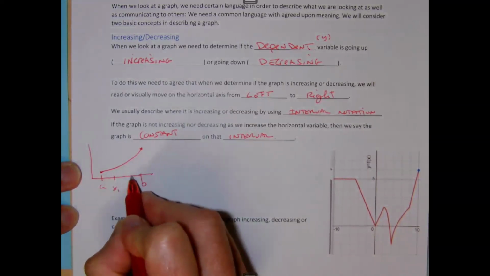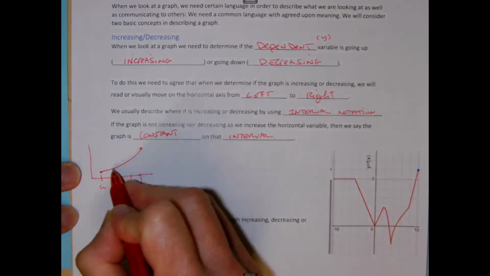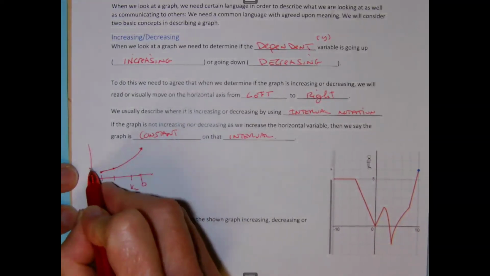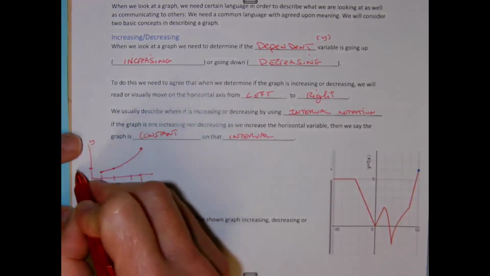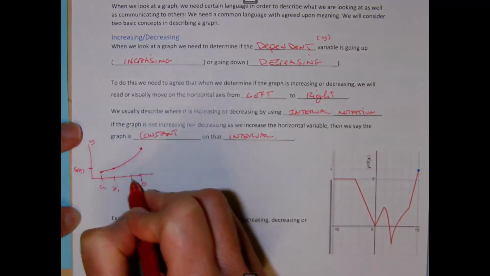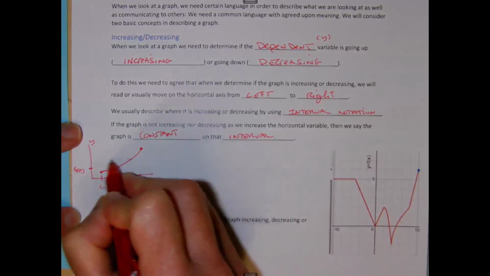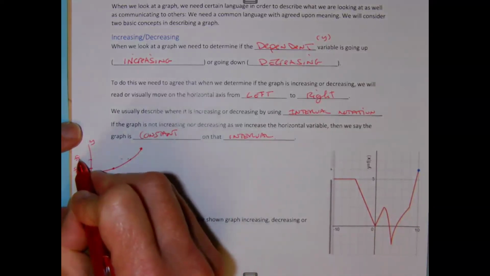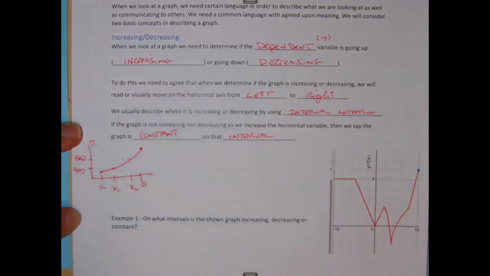And I'm going to mark 2 points here, x1 and x2. And you can see that these are related to, it's not y, but this is f of x1, and this one right here is f of x2.